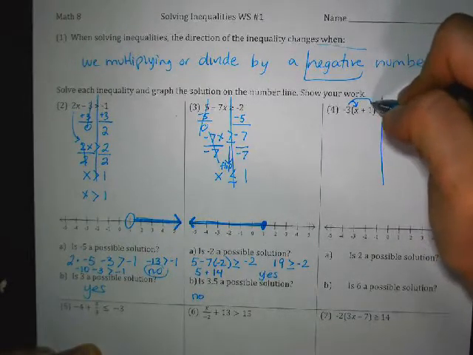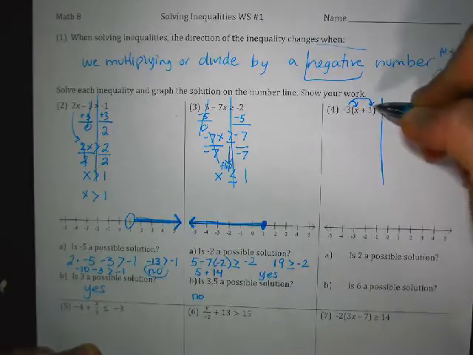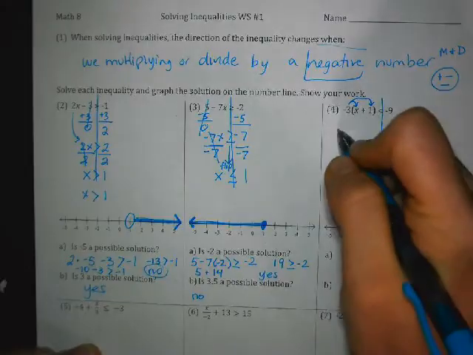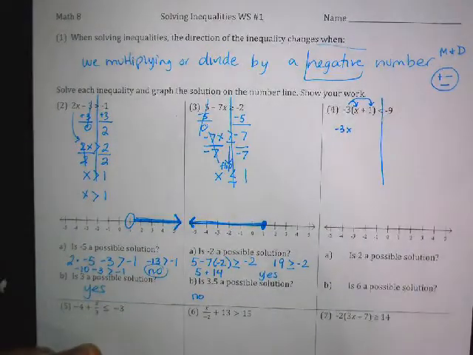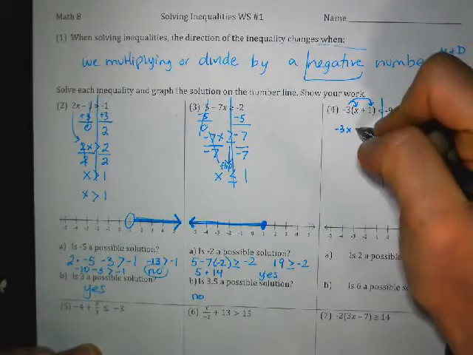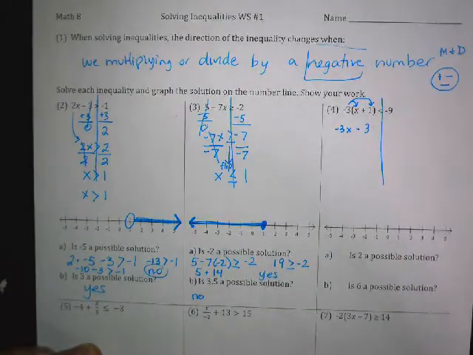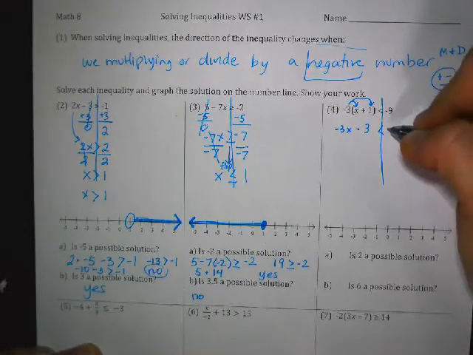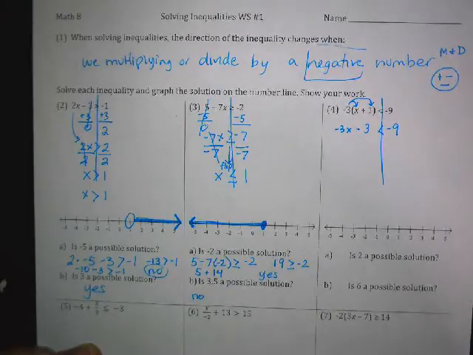So we need to distribute that negative 3 to the x and to the 1. So it's going to be negative 3 times x, and negative 3 times positive 1 becomes negative 3. A negative and a positive is negative. And we keep our symbol. That's going to be less than negative 9.